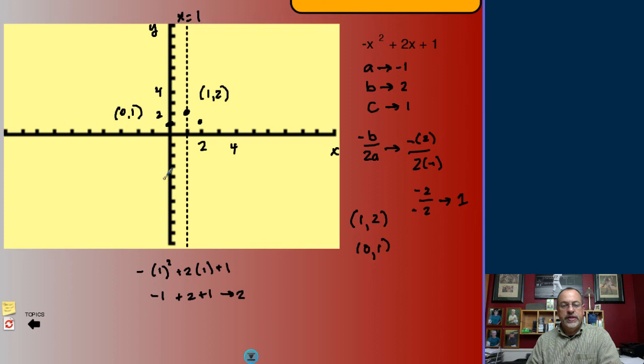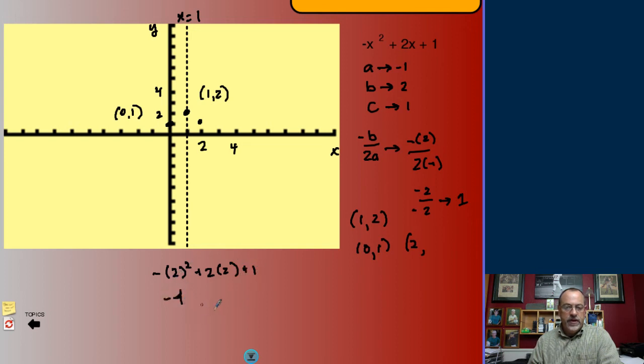Now I need to choose another x value so I get a look at this side. So I'm going to go with an x coordinate of 2 and substitute it in and see what I get when I do that. So substituting 2 into the expression, I've got the opposite of 2 squared plus 2 times 2 plus 1.